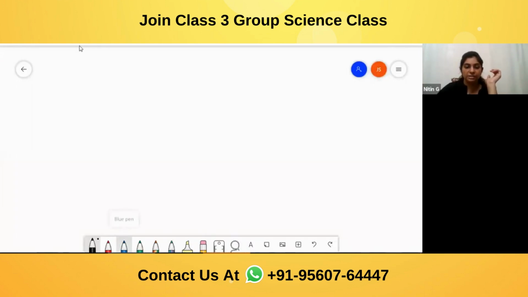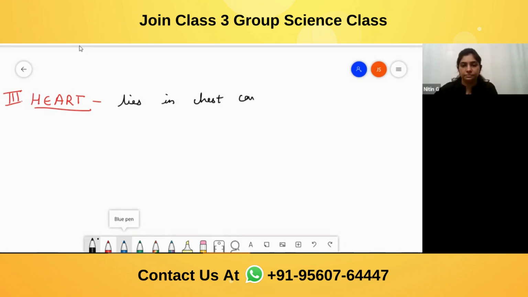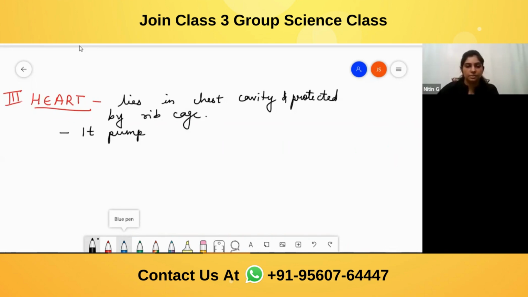So the heart, which is the third internal organ we are discussing, also lies in the chest cavity and is protected by the rib cage. Secondly, it pumps the blood throughout the body.